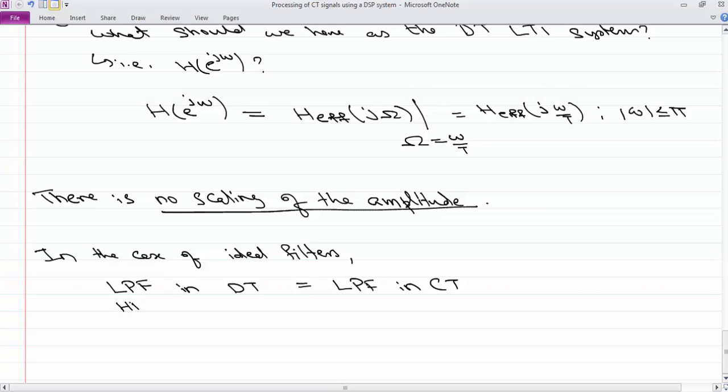Similarly, a high pass filter stays a high pass filter. A band pass filter stays a band pass filter. A band stop filter stays a band stop filter. The main challenge is what are the cutoffs of those filters.